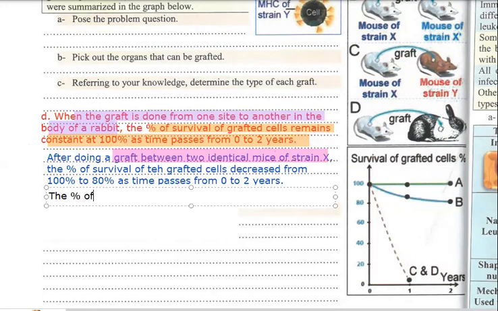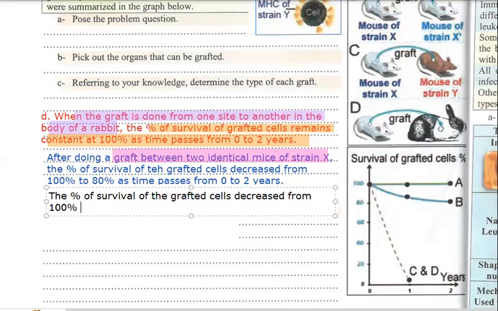The percentage of survival of the grafted cells decreased from 100% to 2%.